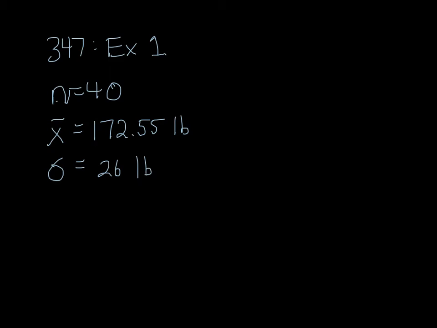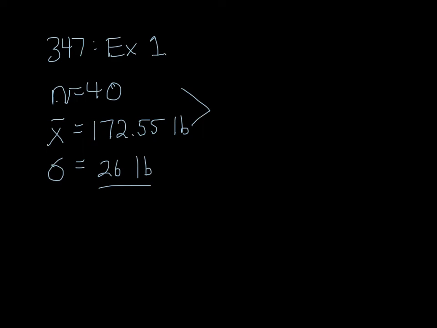So what we want to do is come up with, given this sample data of our sample size of 40 and the mean weight of 172.55, and knowing that the standard deviation is approximately 26 pounds for the entire population, an interval. Let's use a 95% confidence interval for the actual population mean of men.